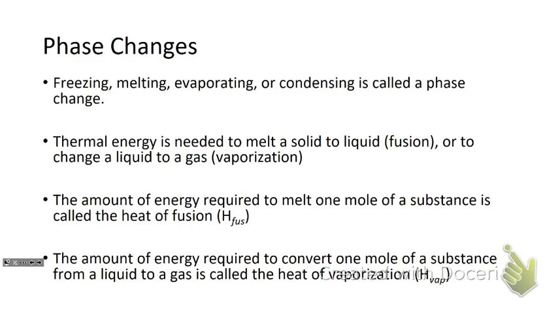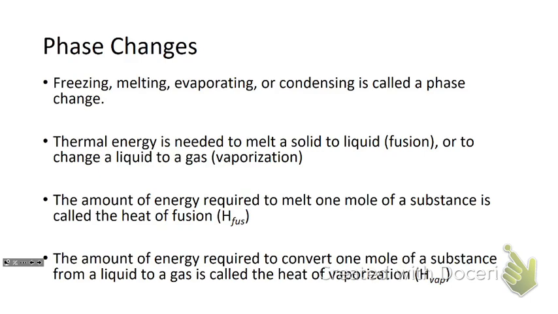Like the specific heat capacity in our last formula, the heat of vaporization and the heat of fusion is going to be unique to that substance. Each substance will have its own heat of vaporization and heat of fusion.